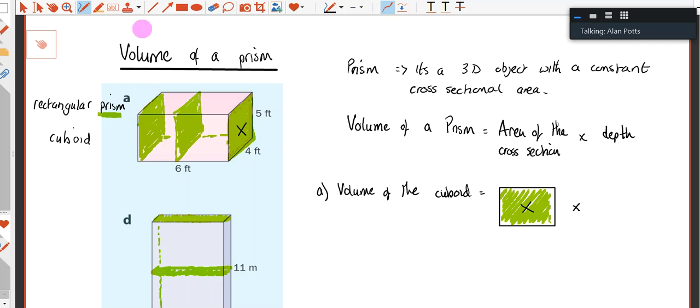So if this is the cross section, the depth is going to be as you go along the shape, along the direction that you would be cutting it. So in this case, the depth is the 6 foot. Right, so the 6 foot is the depth.